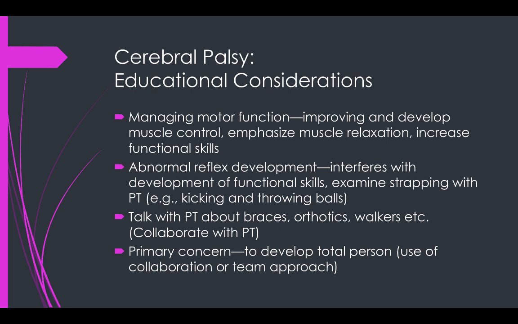For those that have hypotonicity, and those with hypertonicity, we may want to emphasize muscle relaxation, increasing range of motion, increasing flexibility, and really the main goal is to increase their functional skills. So it may be grasping and releasing, being able to push their wheelchair, standing and walking for longer distances, being able to do some kicking, catching, throwing.